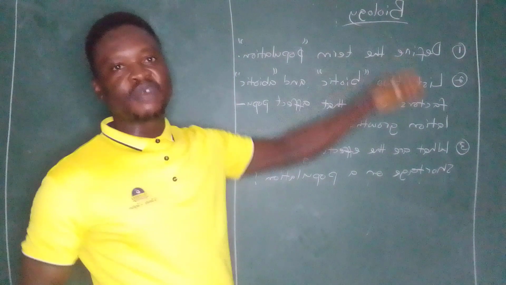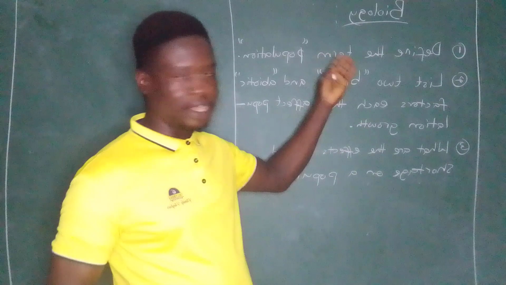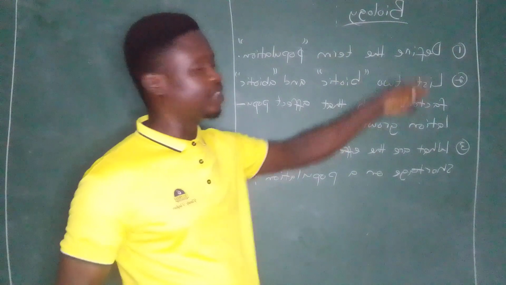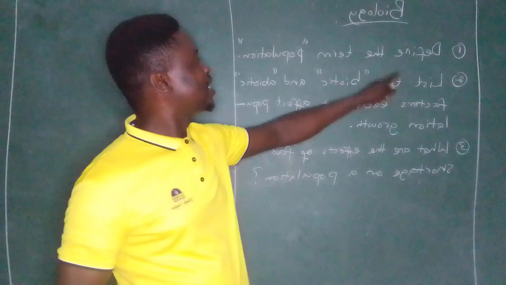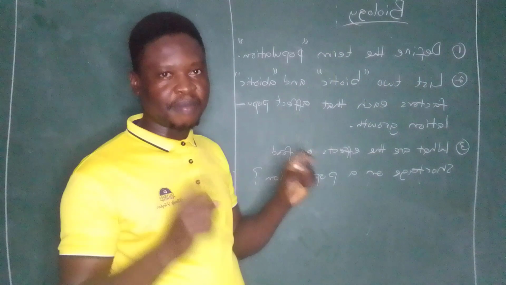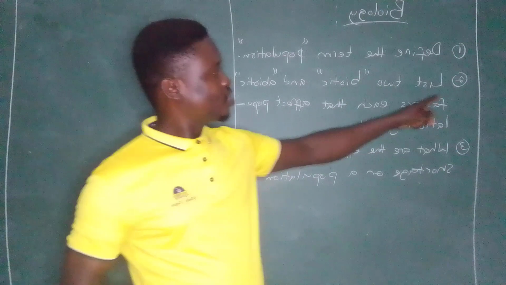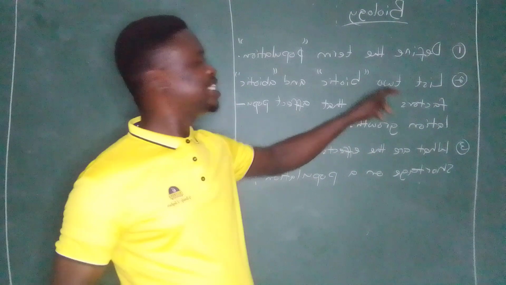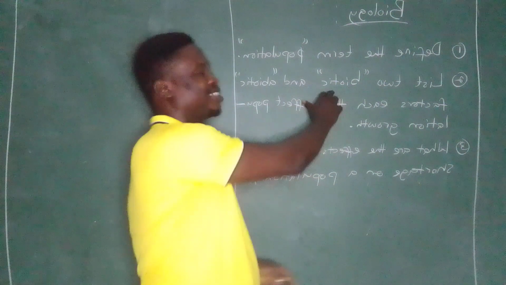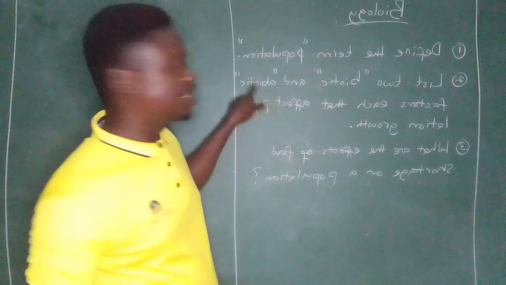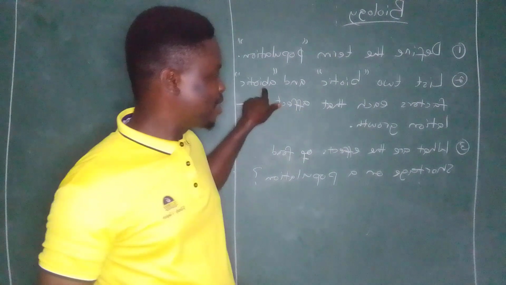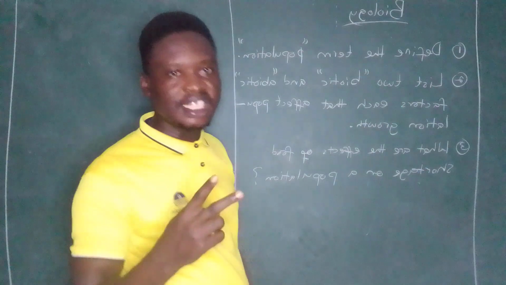So, we have 3 questions here. Biology questions. The first one is asking you to define the term population. The second one is asking us to list 2 biotic and 2 abiotic factors each.